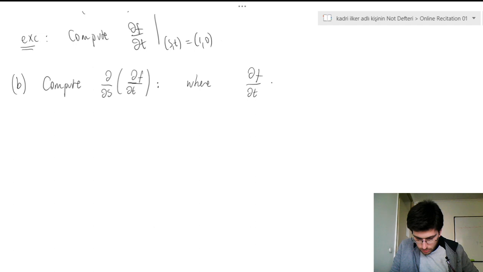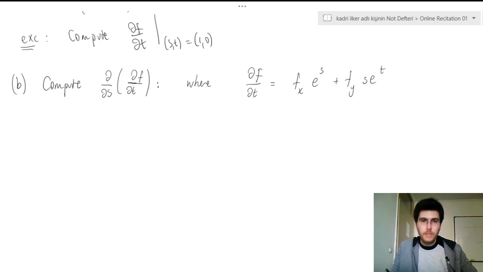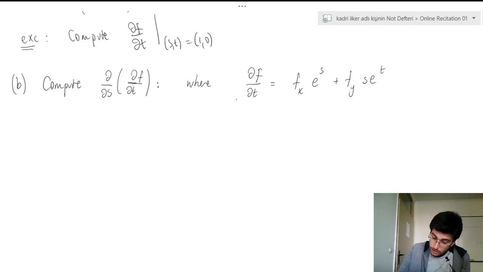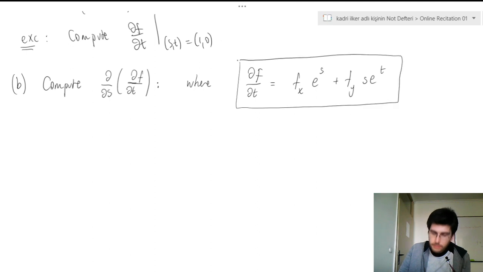So let's compute it. So del f del t is just, if you compute, it turns out to be something like this. I just directly copy from my notes. So we have something like this. Now you really want to differentiate this function. Now this is again a function. Be careful, with respect to s.